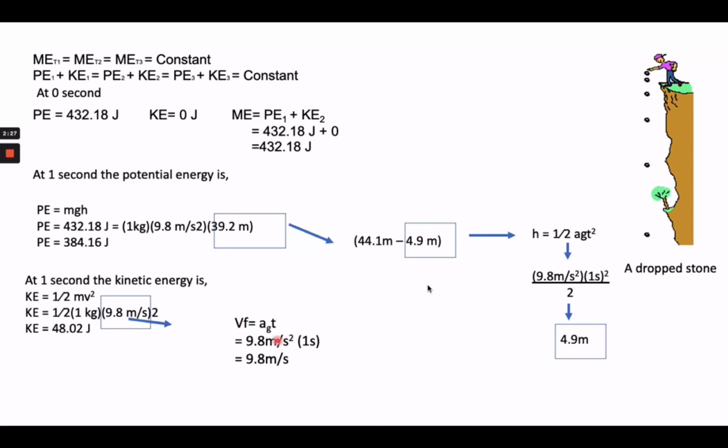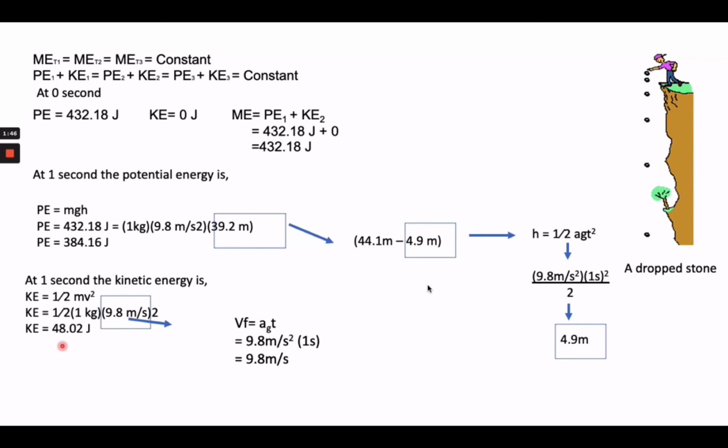We can get the final velocity by multiplying acceleration due to gravity times time. So we have this value already: 9.8 meters per second squared times 1 second. That would give us 9.8 meters per second. That's our final velocity after, again, 1 second. So we simply multiply. That would give us a kinetic energy value of 48.02 joules.